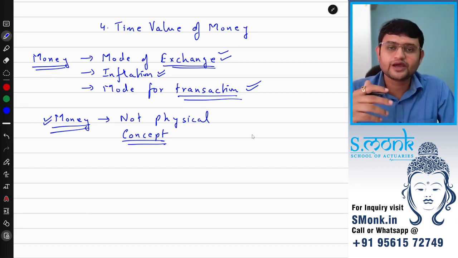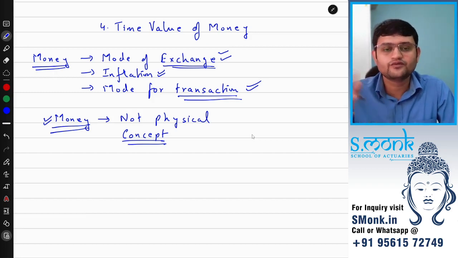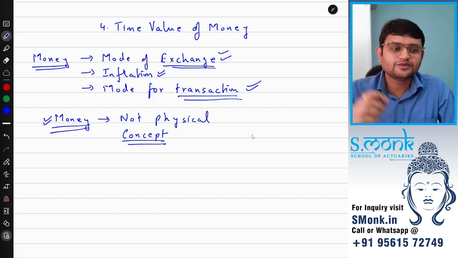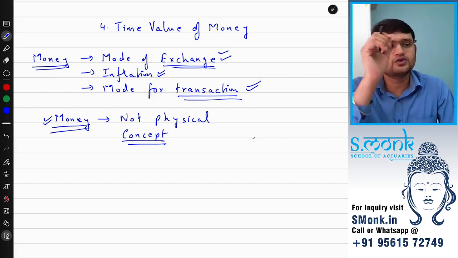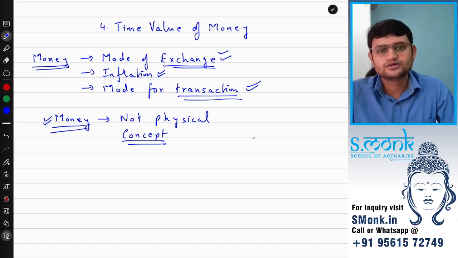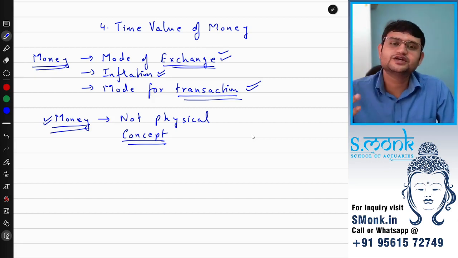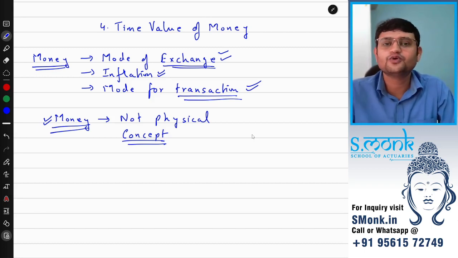Either we use UPI, Google Pay, Paytm, whatever, or we use debit cards and credit cards. These are all online transactions in which the money is directly transferred from one bank account to the other bank account. It is never physical, and for the majority of the money, it will never be physical. It will just be numbers in somebody's computer.